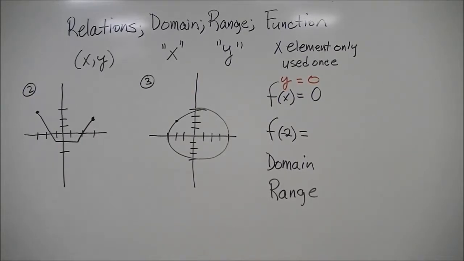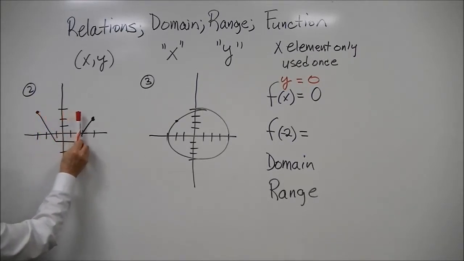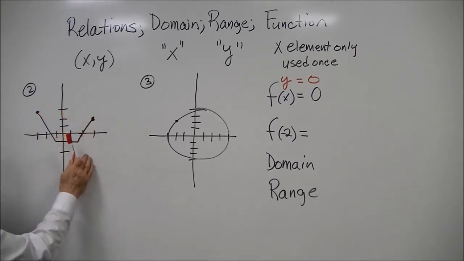I put a few more examples up here. Again, this is our graph, and we might ask first, is this a function? Well, if we did the vertical line test, as we pass the vertical line over the face of the graph, it would pass the vertical line test.